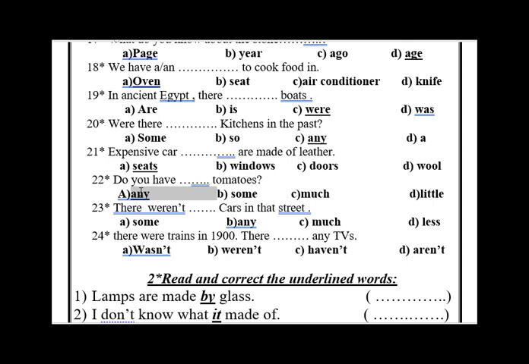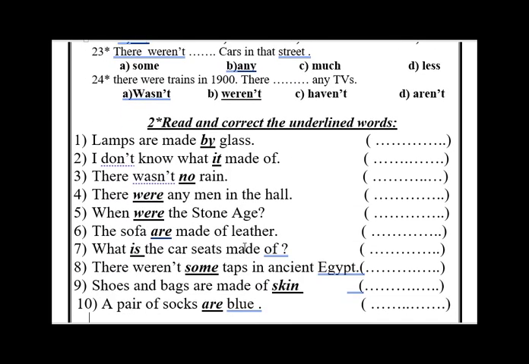So here I have the negative form of was or were, and I must use any. Number 24, there were trains in 1900. There any TVs? So there weren't any TVs. Let's go to number 2.